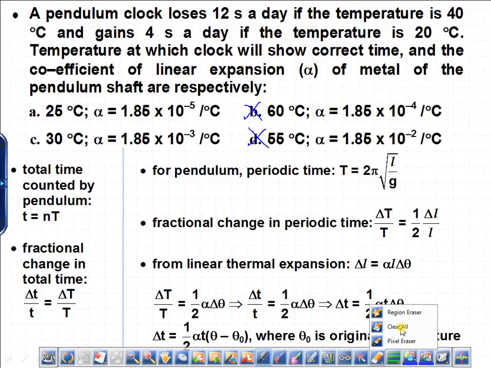Now, on that basis, first of all, we will try to frame the problem like this. The total time which is shown by a pendulum clock is dependent on the oscillation number. So, if n is the number of oscillations performed by the pendulum clock and every oscillation corresponds to periodic time T, then small t indicates the total time, which is equal to n times the periodic time.